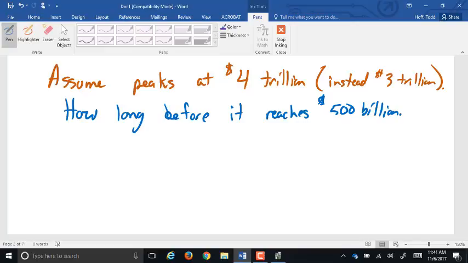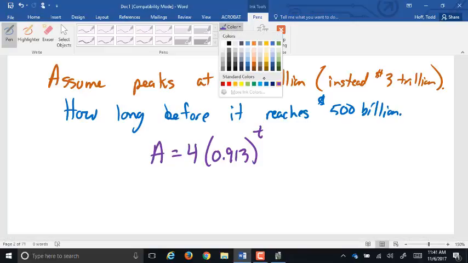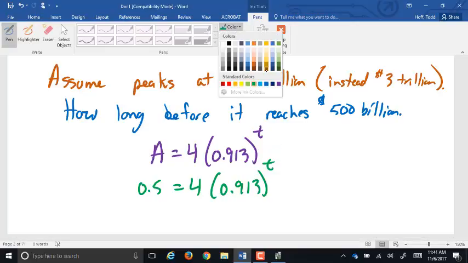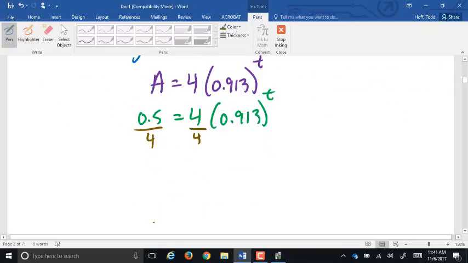There we go. So first thing we would have to do is, of course, adjust the model. What's the model going to become? Perfect. Yeah, we put 4 in there instead of 3. Then what do you do? Okay, we put the 0.5 in for A, and then you divide out the 4. Perfect. So 0.5 divided by 4 is what, 0.125?